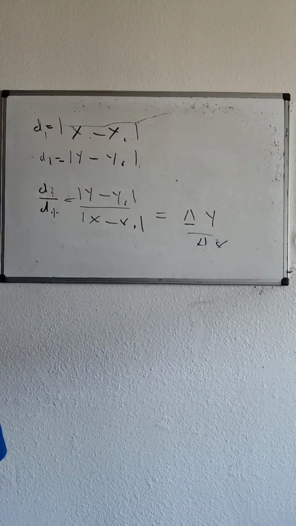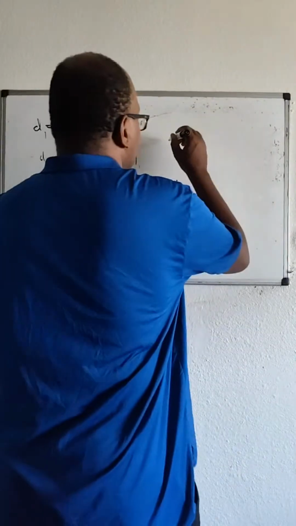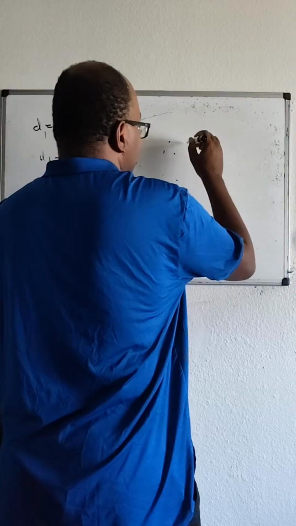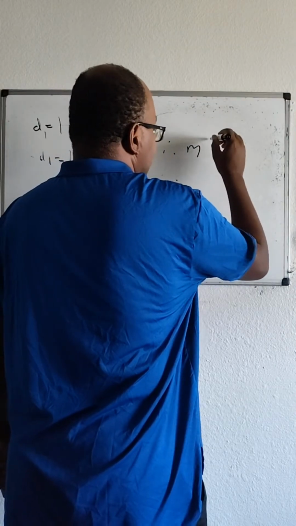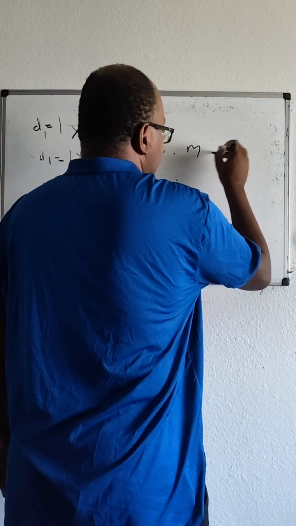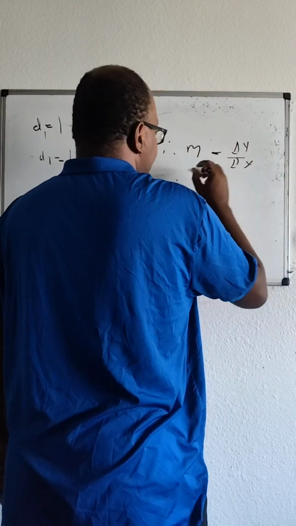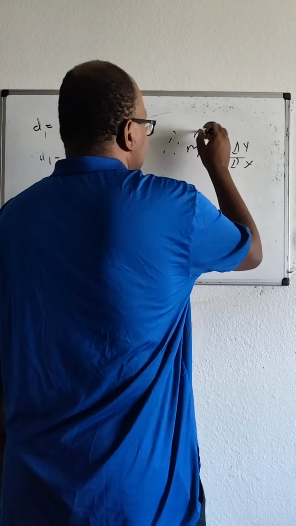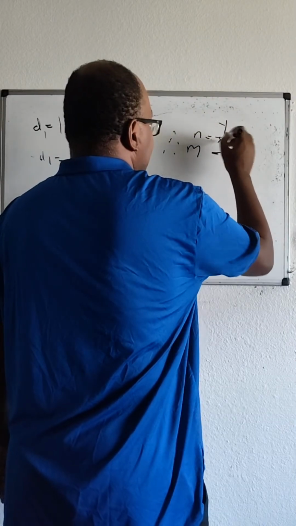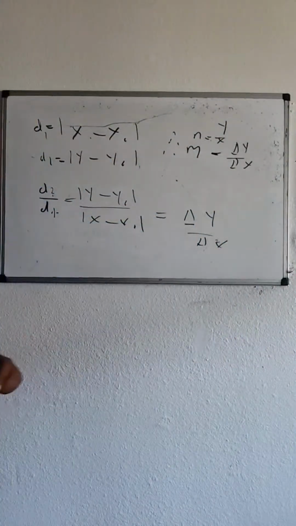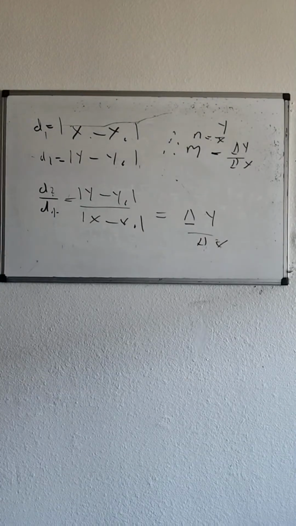Okay? So we can therefore conclude your slope will be m equals del y over del x. And also will be slope y over x. X cannot be 0.